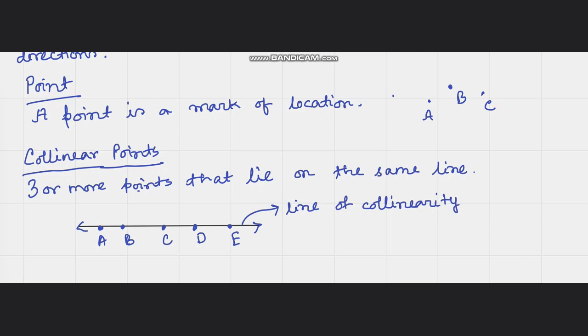Okay, clear so far? Here we can say that this line AE is the line of collinearity.